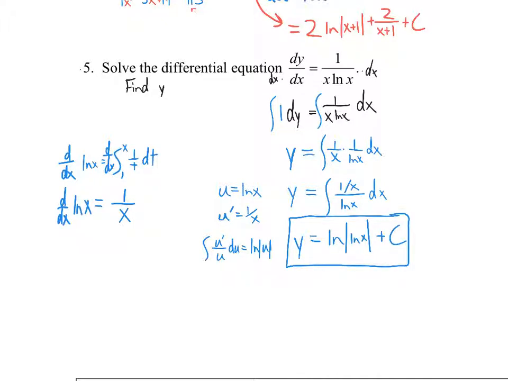So whatever ln times a number, then its derivative is 1 over that number. Can I look at it that way?